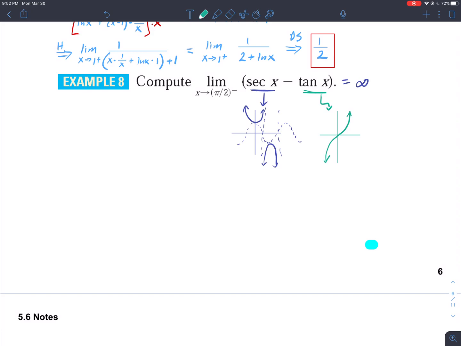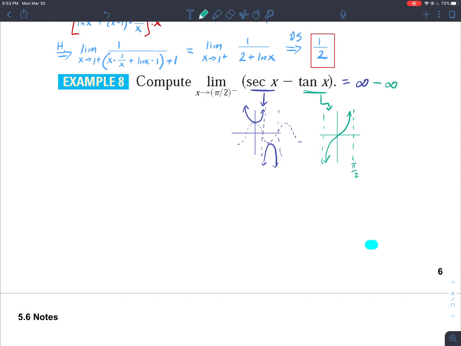But tangent looks like this, with an asymptote at negative pi over 2 and positive pi over 2. And as x approaches pi over 2 from the left, we still have another infinity. So it's minus infinity. We do have an infinity minus infinity. This is definitely an indeterminate difference going on.